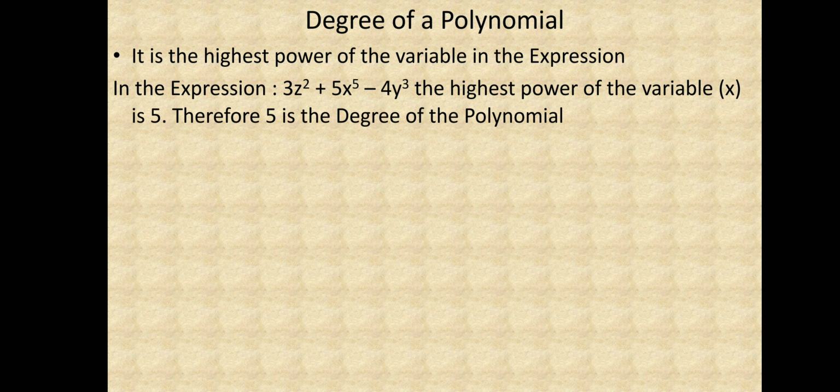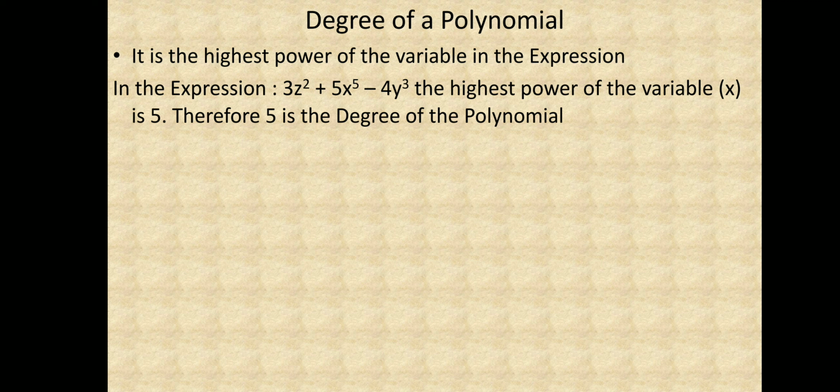For example, you have this expression: 3z squared plus 5x power 5 minus 4y cube. In this, what is the highest exponent? It is the variable x, which is 5.